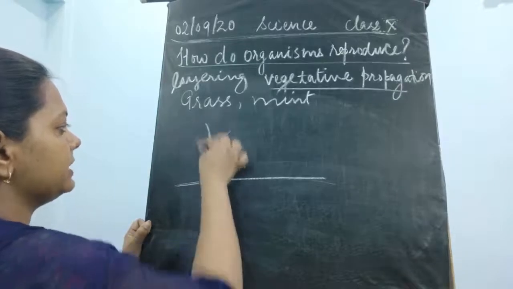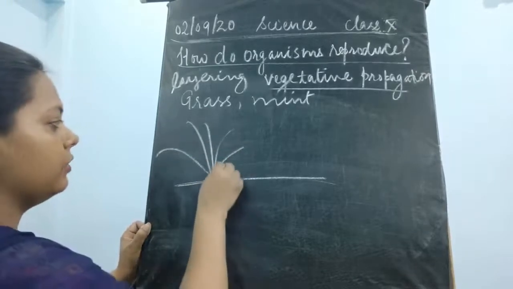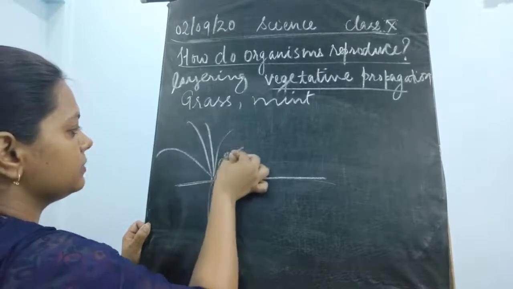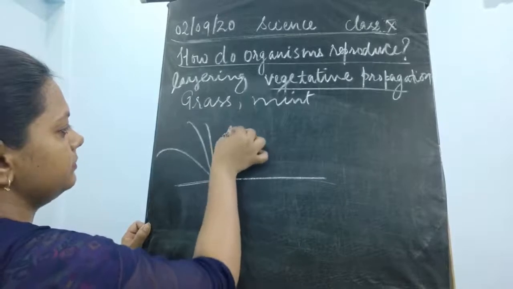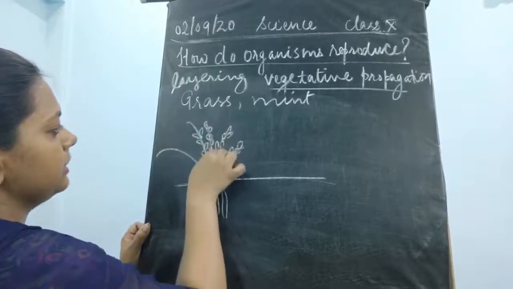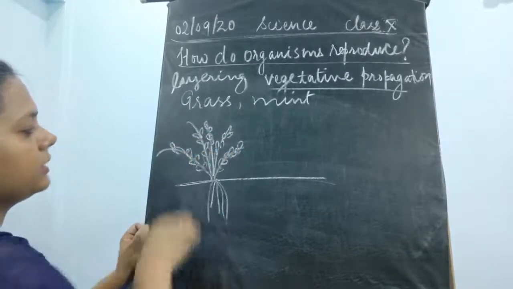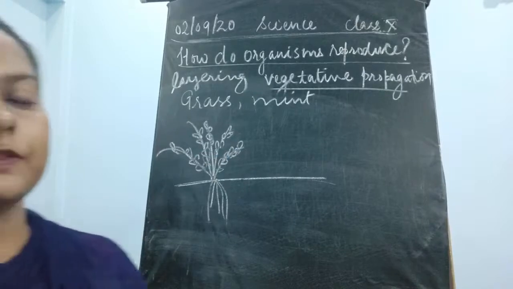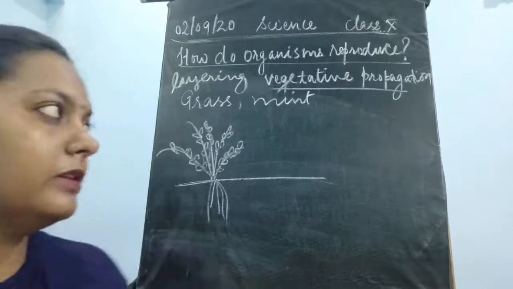We'll select a plant with several branchings, each having small leaves on it. Suppose this is the plant which has to be layered. Say this is a strawberry plant, or a jasmine shrub. We will layer this.